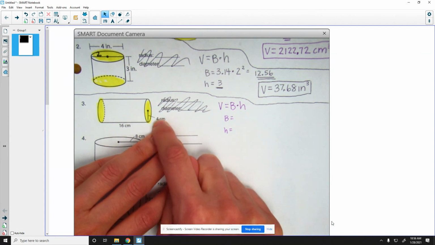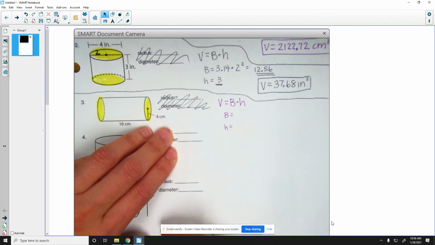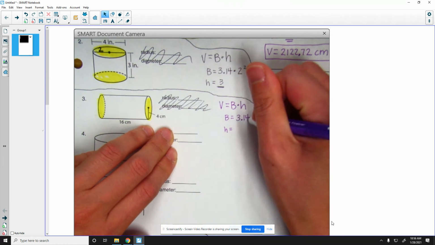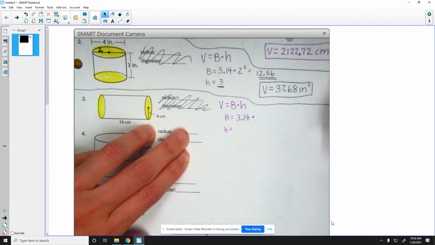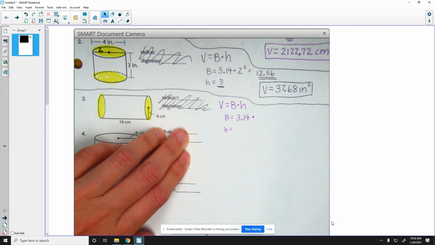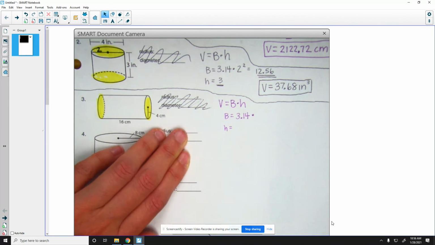But my base is a circle, so I'm using the area of a circle formula, which is pi r squared. So pi is 3.14 times my radius. Look at your picture here. Somebody online, can you type in or shout out which number is the radius? What is my radius? Somebody online.